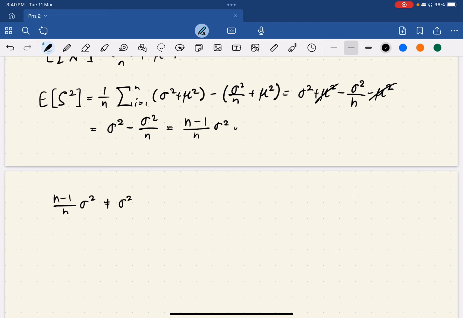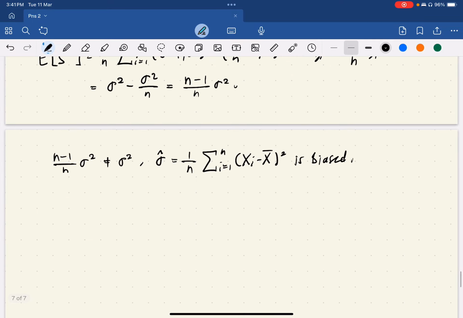Hence what that means is that the estimator 1 over n sum from i equals 1 to n of xi minus x bar squared is biased. So what we can say is that MLEs, that is the maximum likelihood estimators, are not always unbiased.